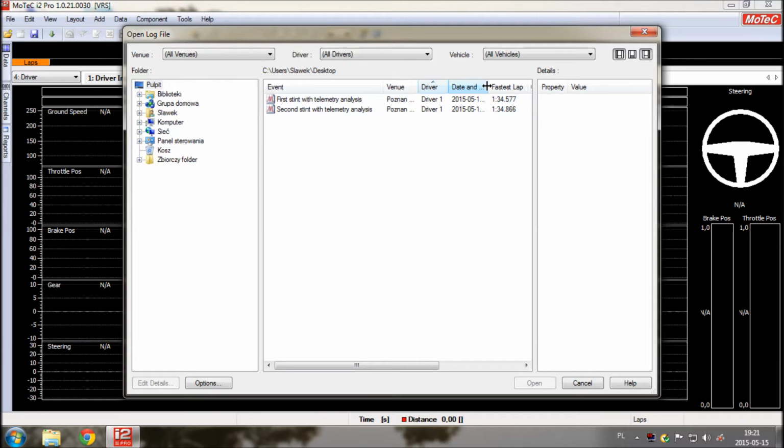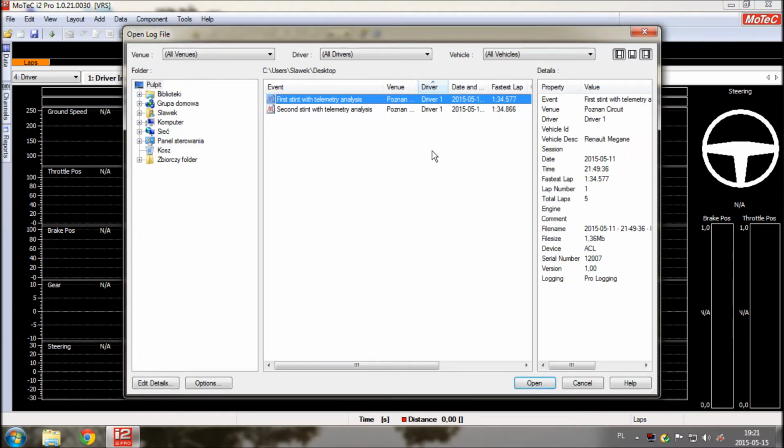And even though the time is 0.3 seconds slower, it's not that important at the moment because we are at the very beginning. The track we use is Poznan racing track from rFactor 2, and the car we use is the Renault Megane. Okay, so let's see the data.